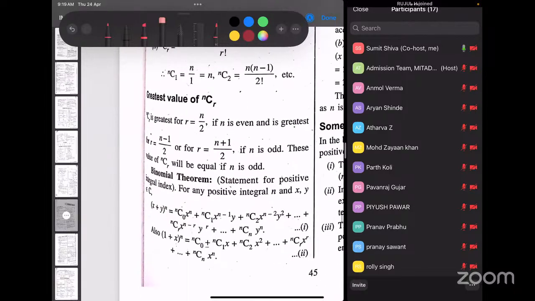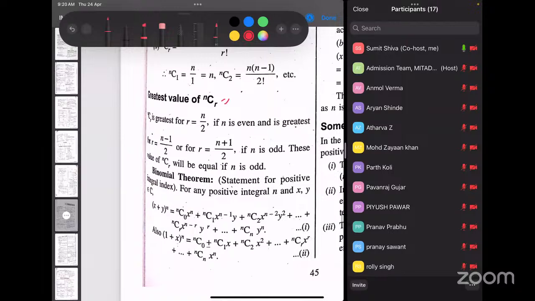Next point is greatest value of nCr. This is again an important question. If you want to find out the greatest value of nCr, in that case, r has to be n by 2 if n is even, and it has to be (n minus 1) by 2 or (n plus 1) by 2 in case of odd.